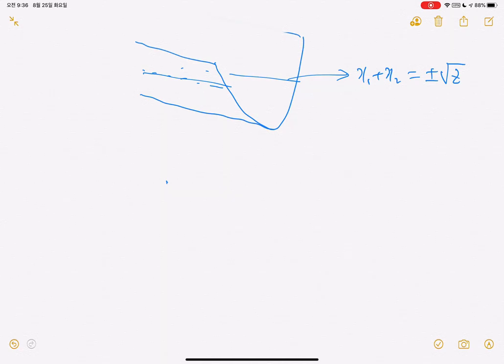But before we get into that part, let's see how the quadratic form and eigenvalue decompositions are connected, related. So let's consider a positive definite matrix like 2 and 0.